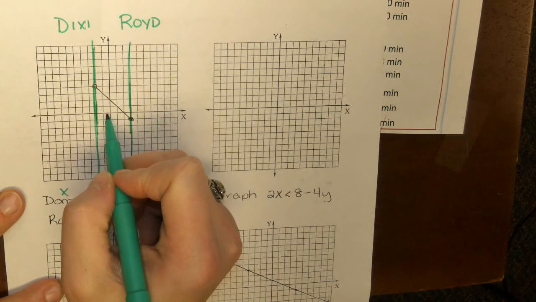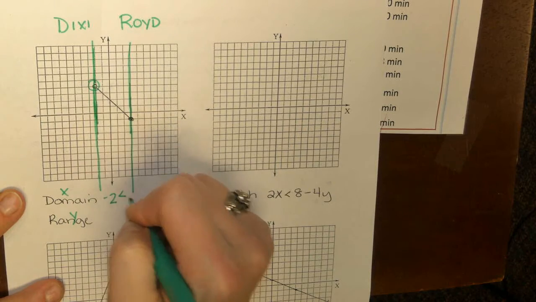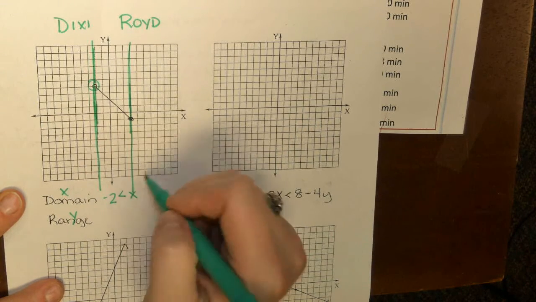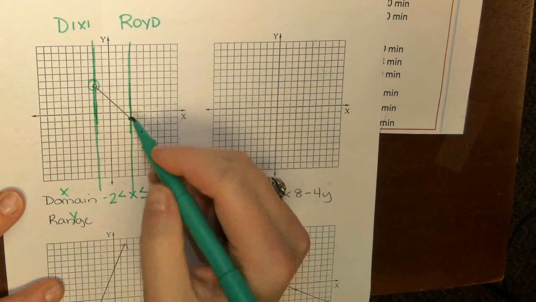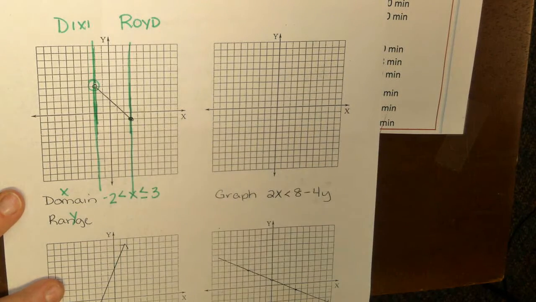So we go -2 is less than x, less than or equal to, and then this is 1, 2, 3, 3.